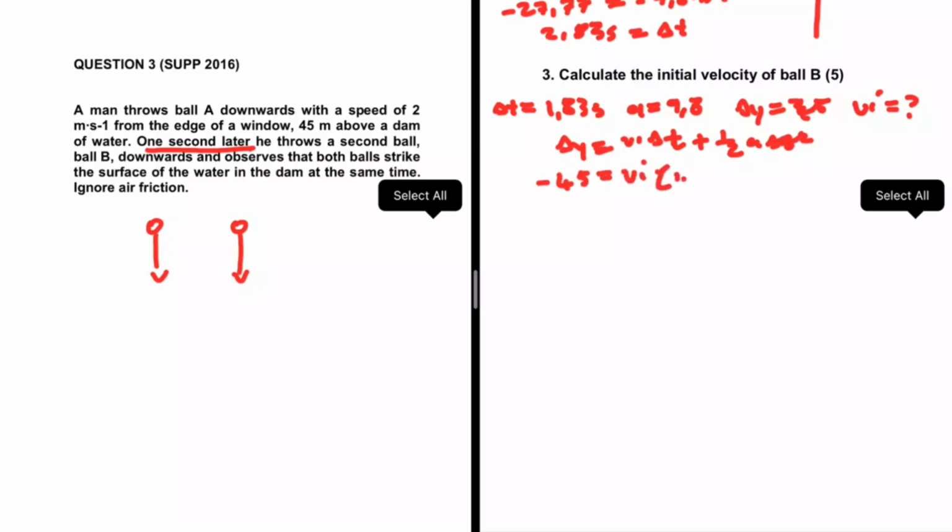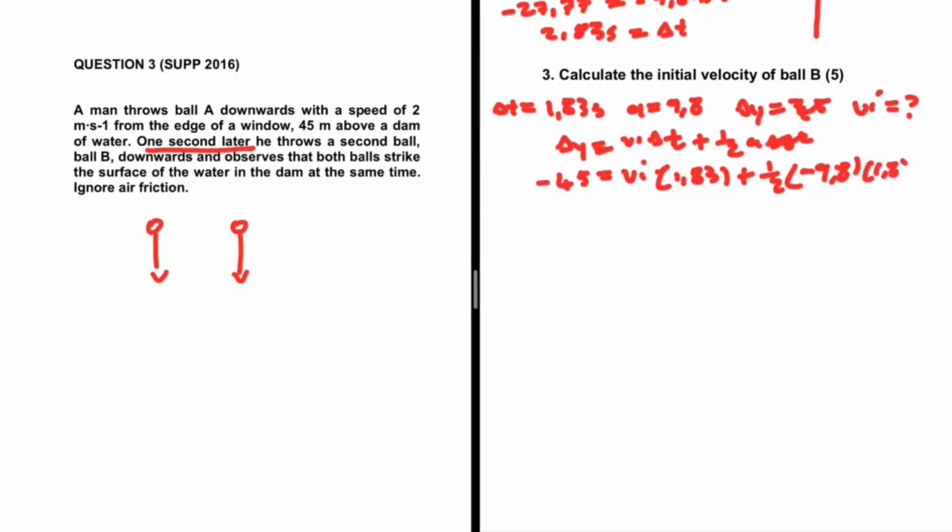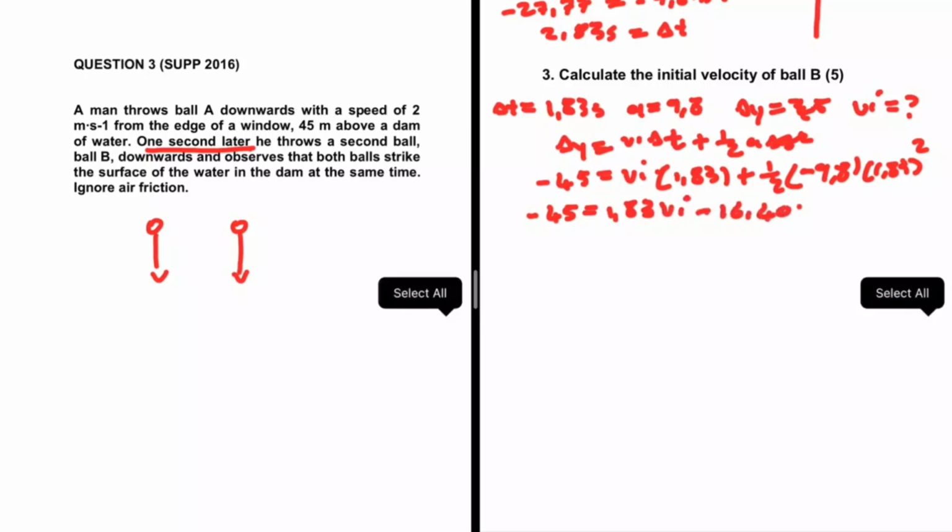The time is 1.83, plus 1 divided by 2. Acceleration is minus 9.8 and the time is 1.83 squared. So we're going to have minus 45 equals 1.83 VI minus 16.4096.